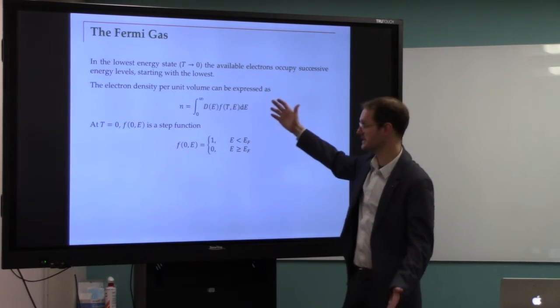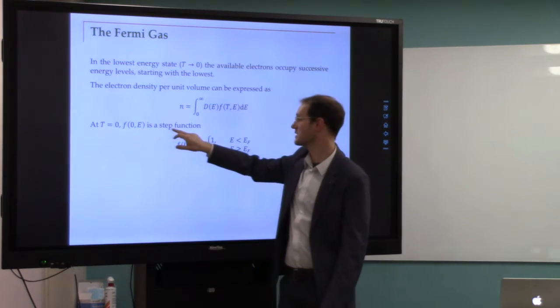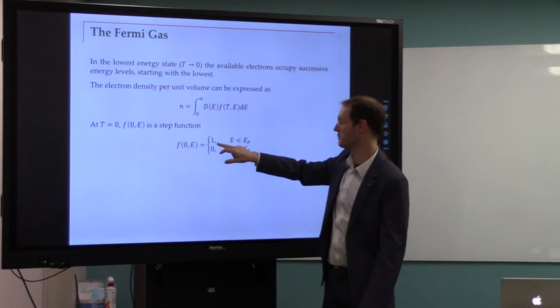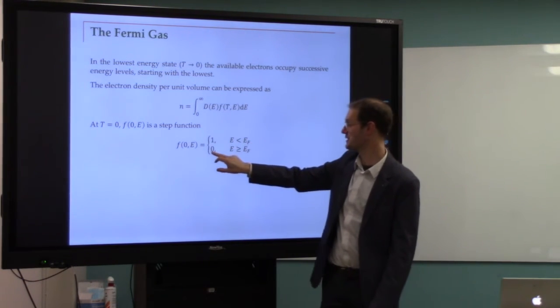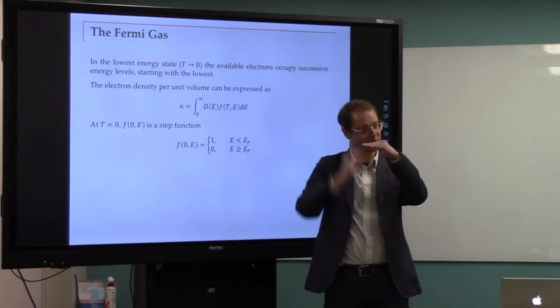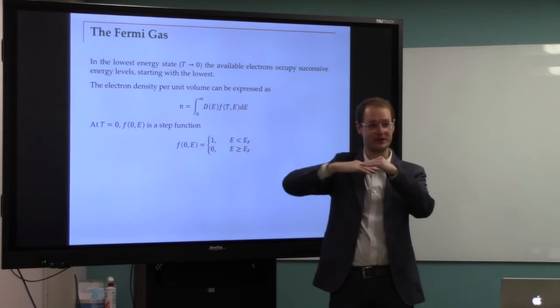At T equals 0, this occupation function, F, is going to be a step function. The occupation is going to be 1 if the energy is less than the Fermi energy, and 0 if the energy is greater than the Fermi energy. So all the orbitals below the Fermi energy are going to be occupied, and all the orbitals above that energy are going to be empty.